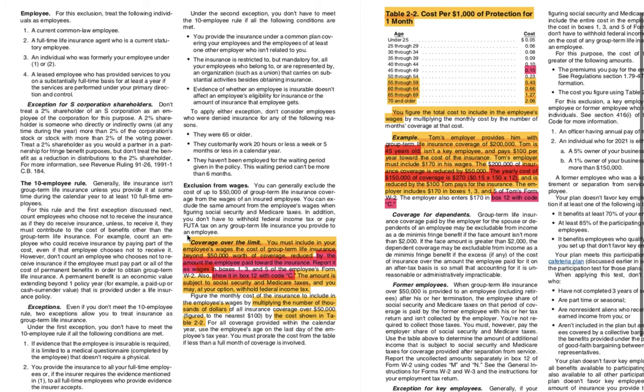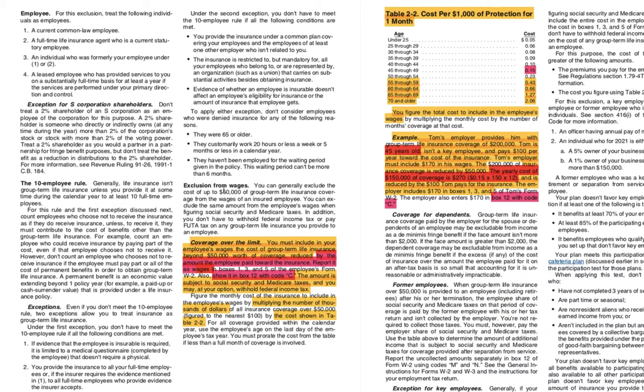I want to quickly show you that. See, here, exclusion from the wage. You can generally exclude the cost of up to $50,000 of group term life insurance. That's why I did $1.1 million minus $50,000.